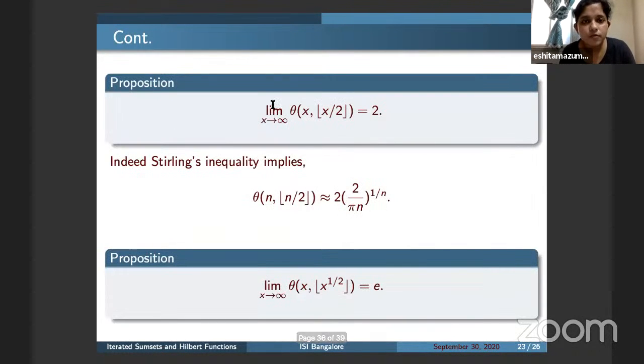In particular, the limit as x extends to infinity of theta(x, x/2) is equal to 2. And we further show that the limit as x extends to infinity of theta(x, root x) is equal to e.